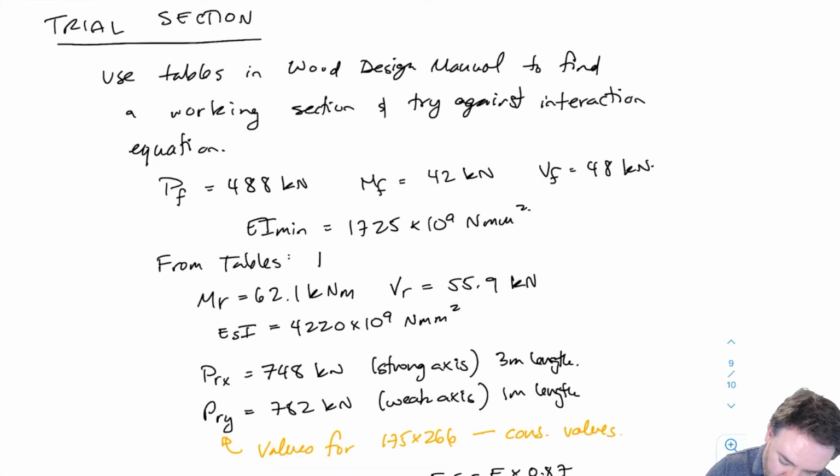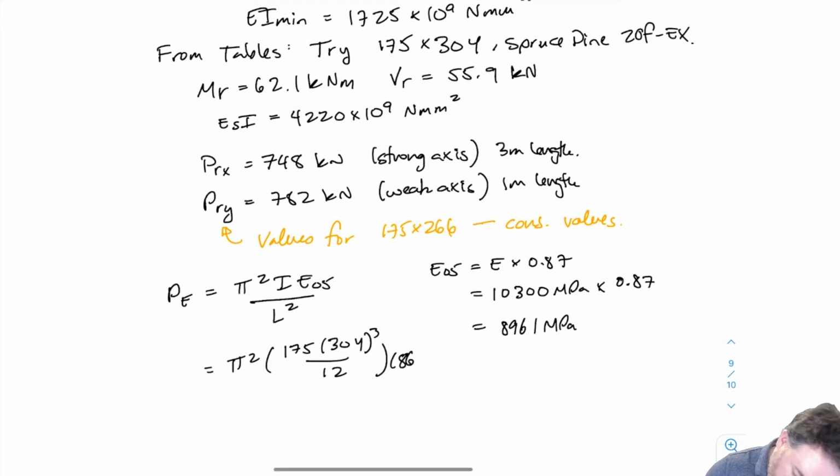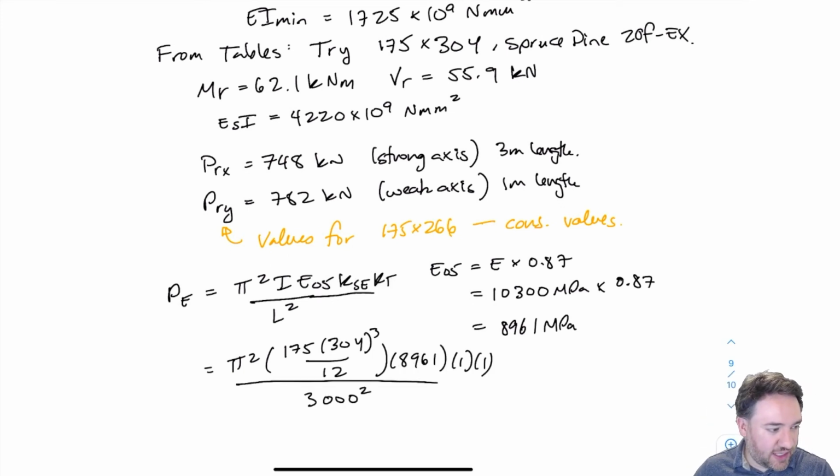Oh, I never wrote down what the section was. We're going to try 175 by 304. That's what we're doing. And it's a spruce pine 20F-EX. So don't forget that this length on the bottom is actually an LE.